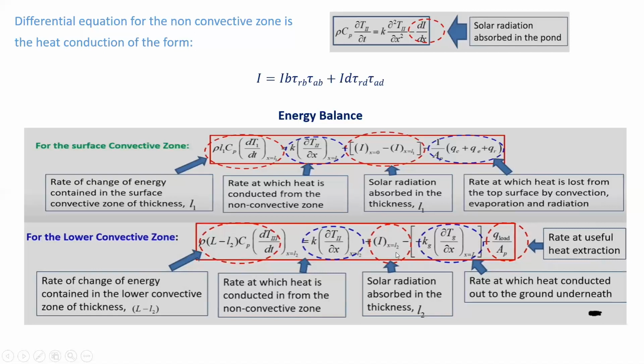I of x equals L2 is the intensity of the solar radiation absorbed in the thickness L2. The last term is the rate at which heat is conducted out to the ground underneath.